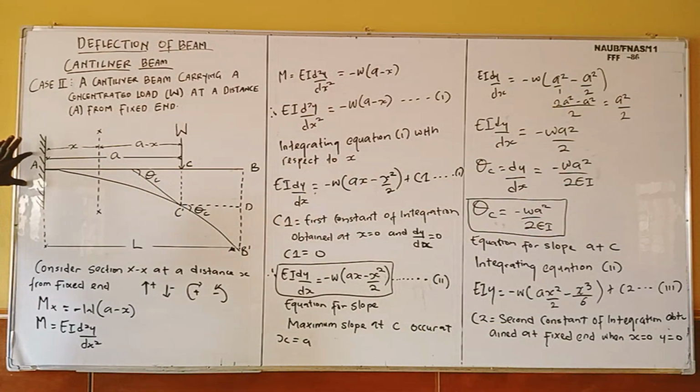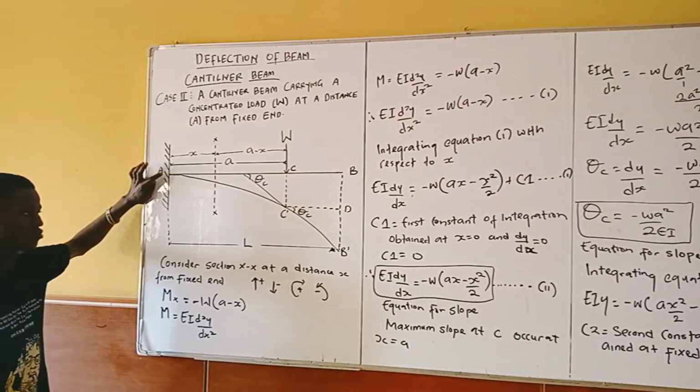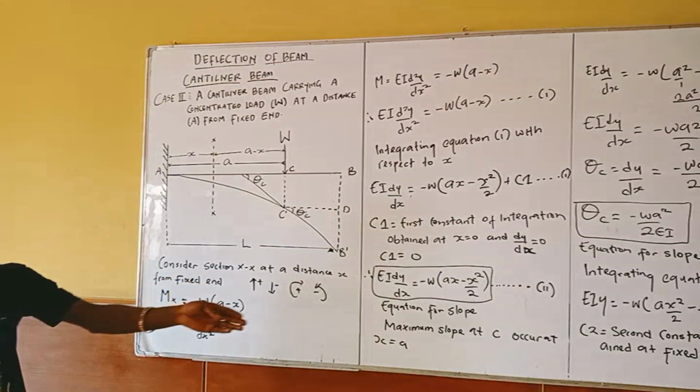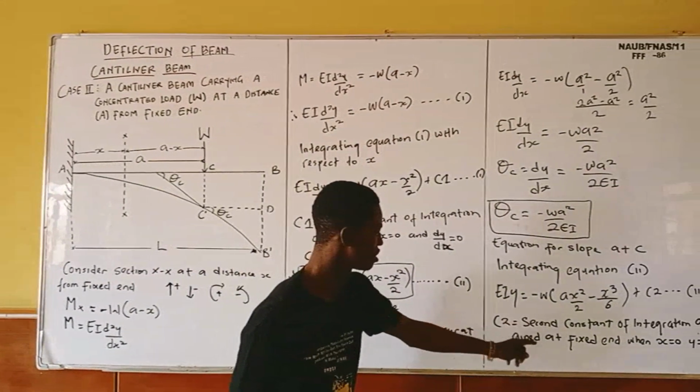So at this fixed end, C2 is obtained, and at this point the section x is equal to 0, and we don't have y here, so y equals 0.